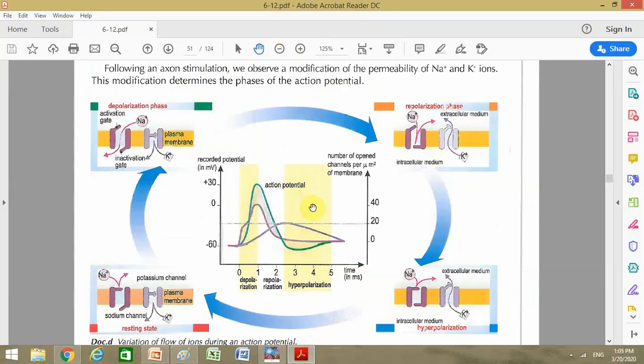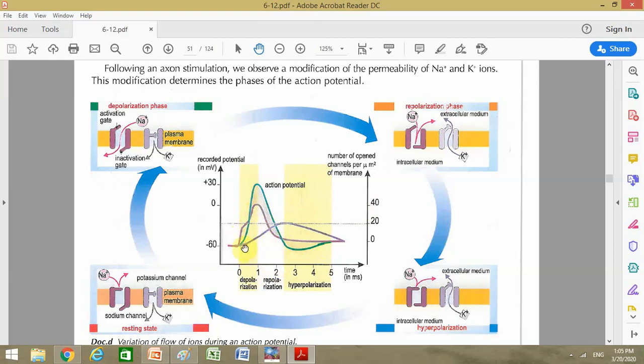Now here we can see the graph showing the variation of the potential and the variation of the number of open channels. We can see here the action potential goes from, they say, minus 60 to minus 80. Okay, we talk about the average, which is minus 70. It goes to plus 30, then decreases back to minus 90 and goes back to its initial value. During this change, the Na plus channels open first to reach 40 channels per micrometer squared, and then they decrease back to null after 2 milliseconds.